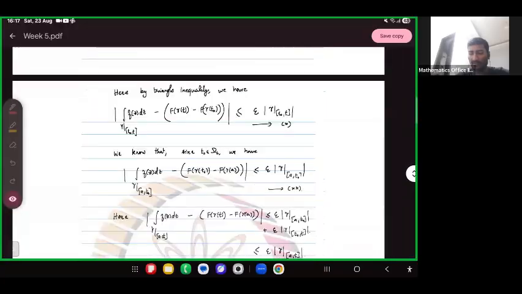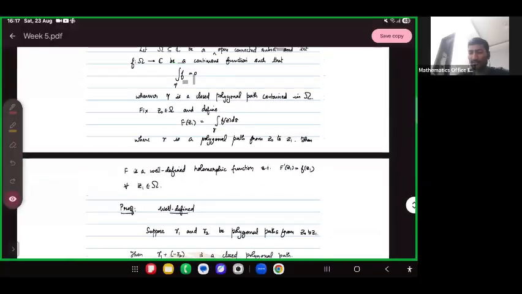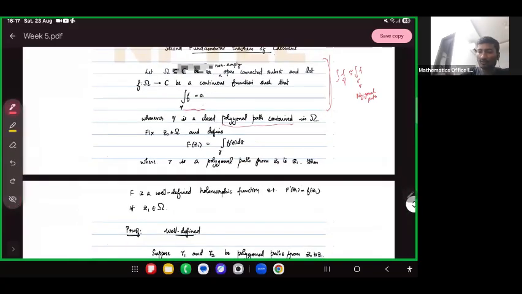Okay, so the second thing is that we can actually calculate its antiderivative. F is a continuous function with the extra condition that the integral of f over closed curves is 0. Then we can define its antiderivative by this function. F of z1: fix a z0 inside omega, take any path from z0 to z1, and define the integral over this gamma.